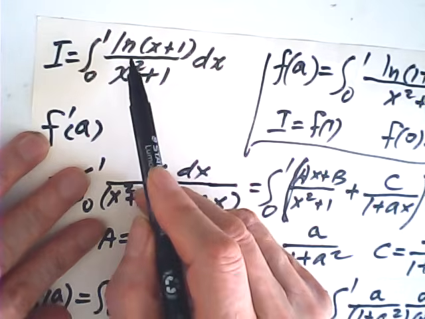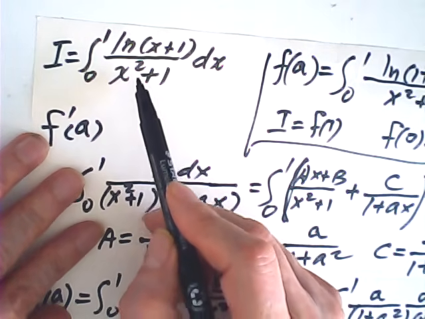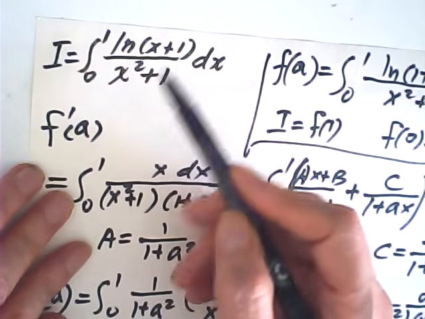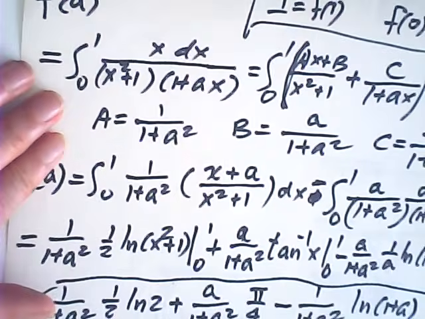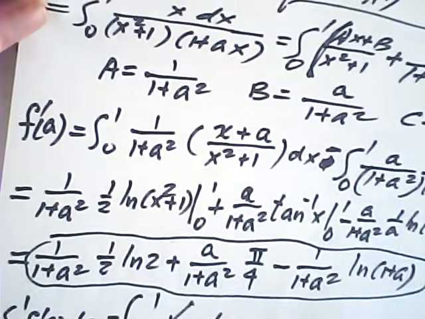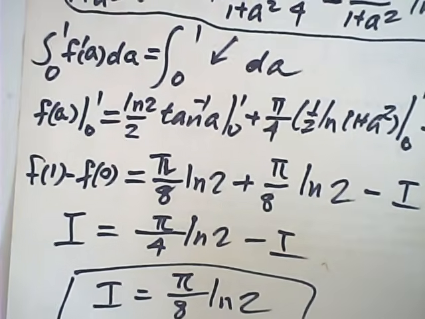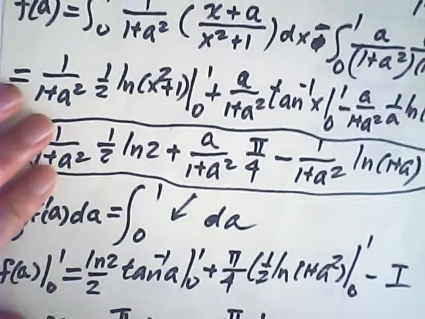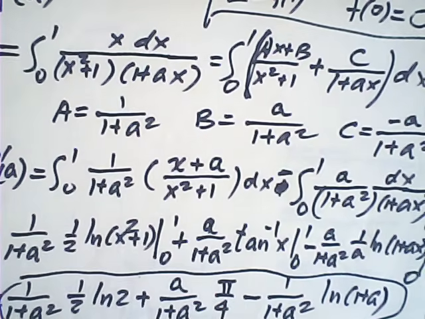For example, we can expand 1 over x squared plus 1 as a Maclaurin series. So using series, we may get the same result. I'll leave it for you to explore. Today is a little longer, but I think they should be very interesting. Thank you for watching.